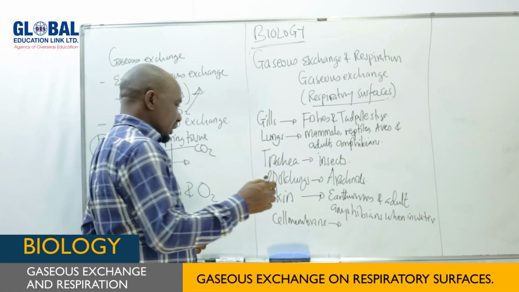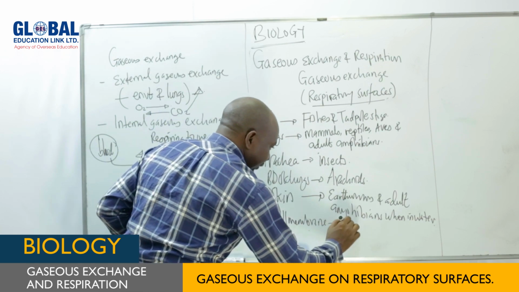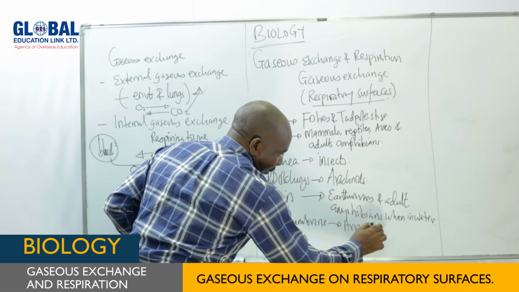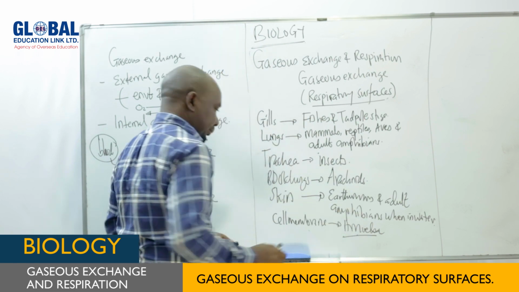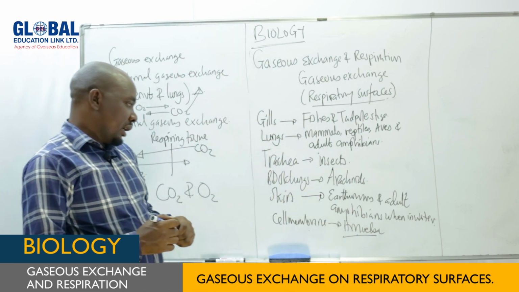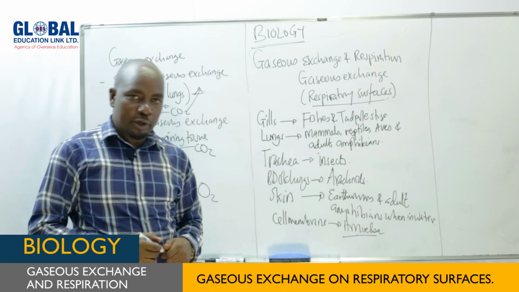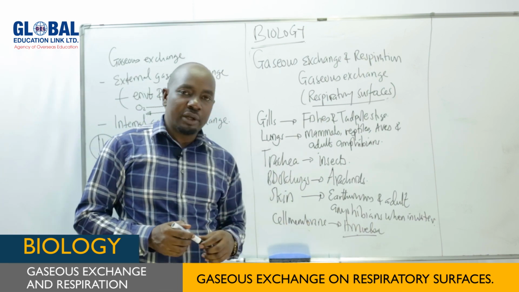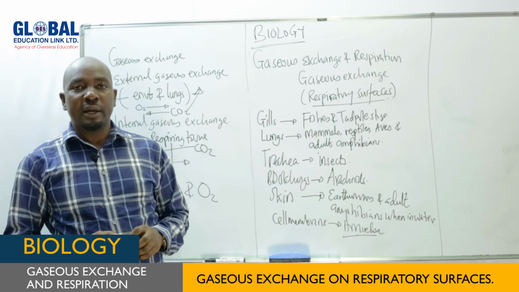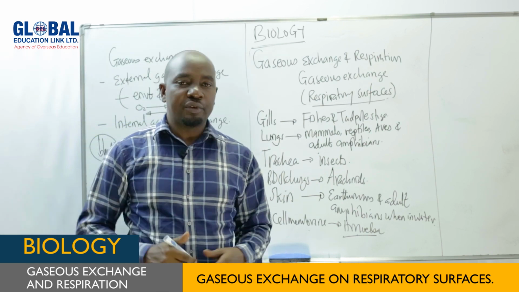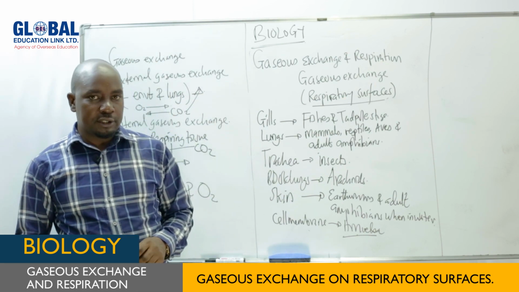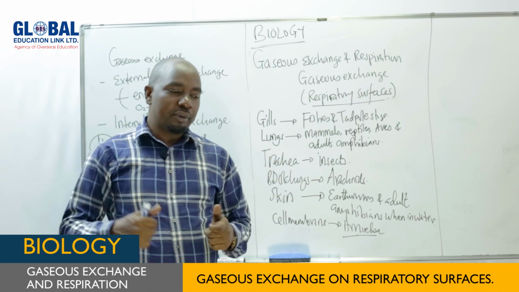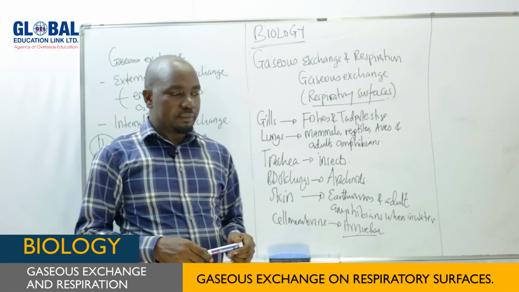So the microorganisms, including amoeba, Plasmodium, and Trypanosoma, use the cell membrane as their exchange zone of respiratory gases. They take out carbon dioxide and take in oxygen.